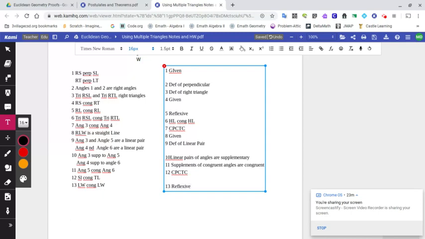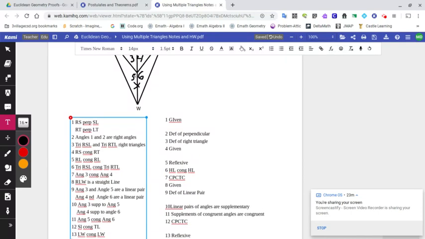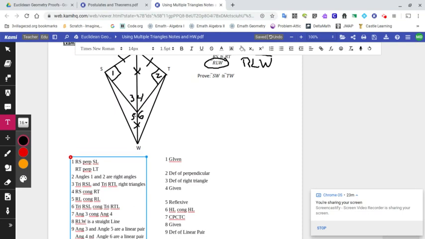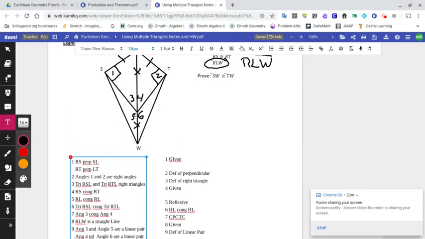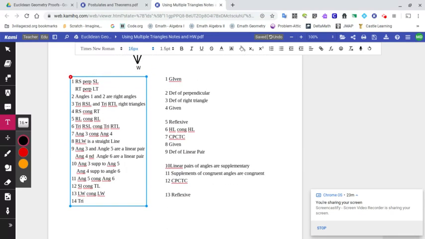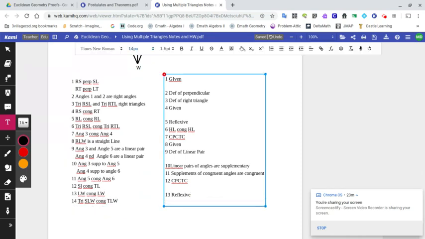And finally, now I can say that those two triangles, 14, I can't even see the diagram anymore, SLW is congruent to TLW. And how did I prove that?